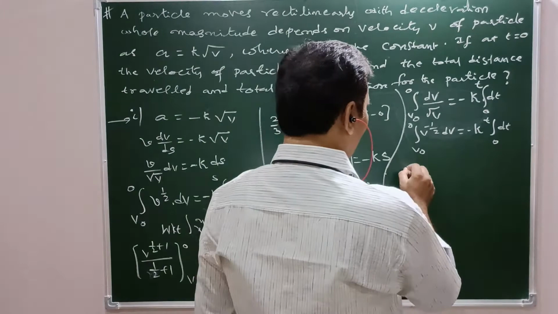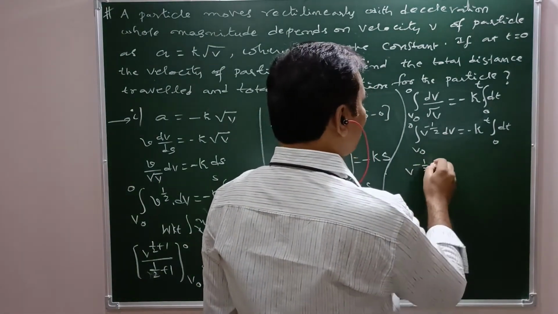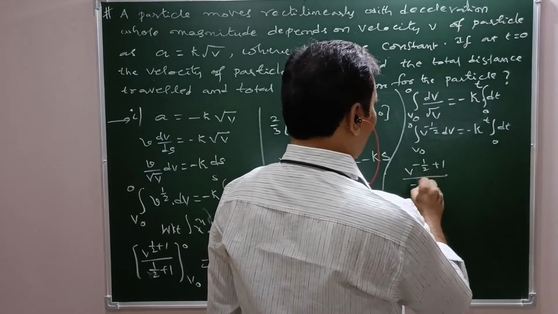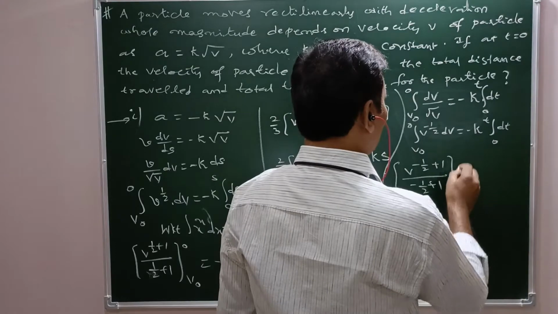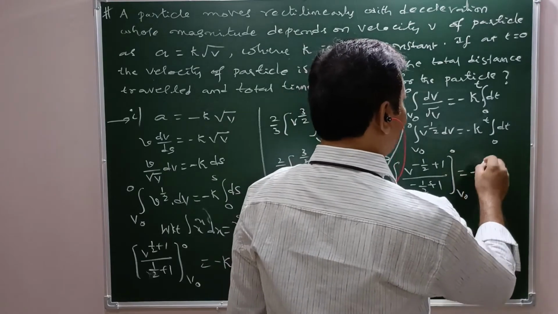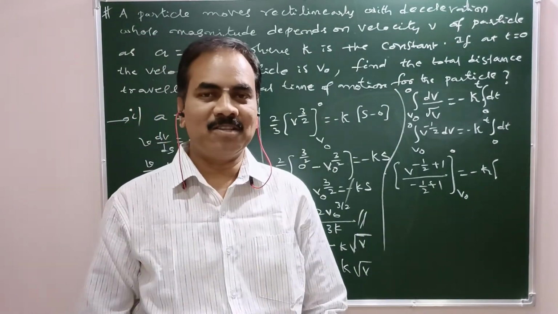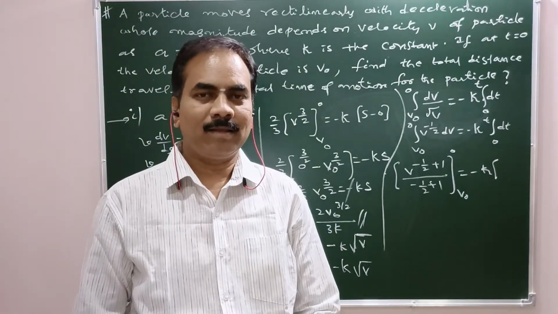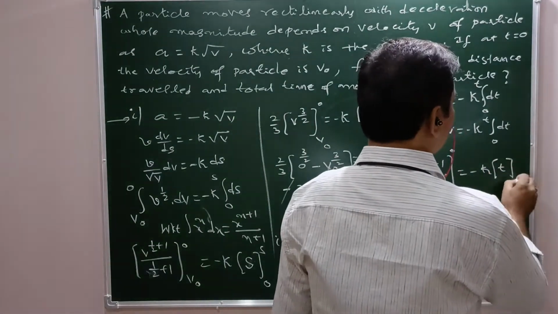Here x means v, and n means minus 1 by 2, so v power n plus 1 by n plus 1, with limits v0 to 0, equal to minus k into integral dt, the summation of all dt values. What will you get? That is t, the total time t. Limits 0 to t.